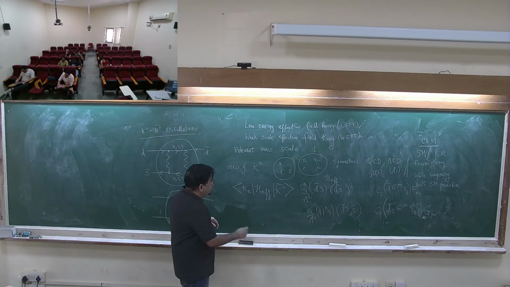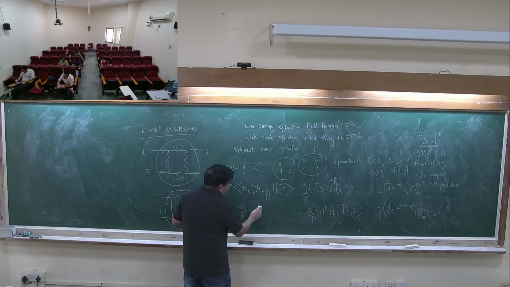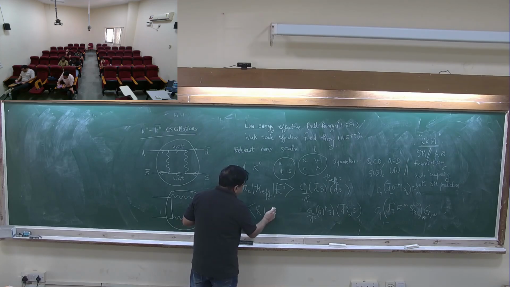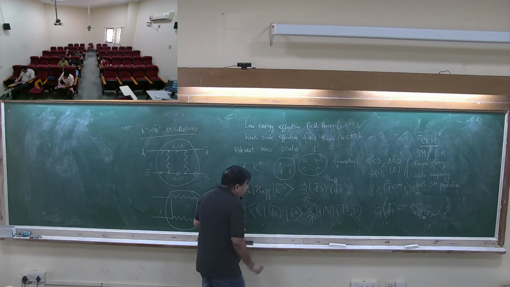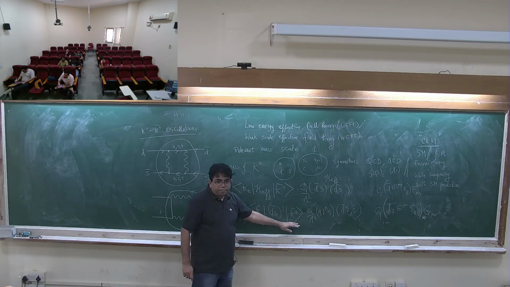So, I'll put in C1 by lambda square. Now this is a matrix element which I have to evaluate. This matrix element I can evaluate using lattice or chiral PT.